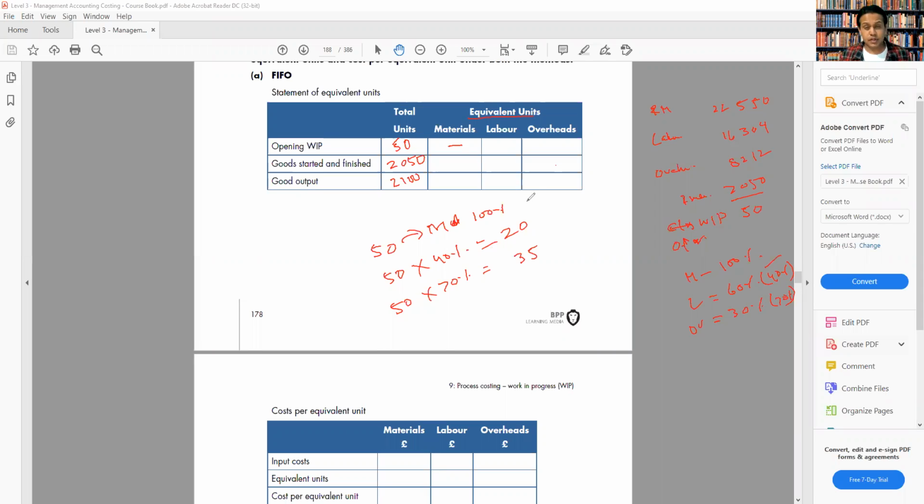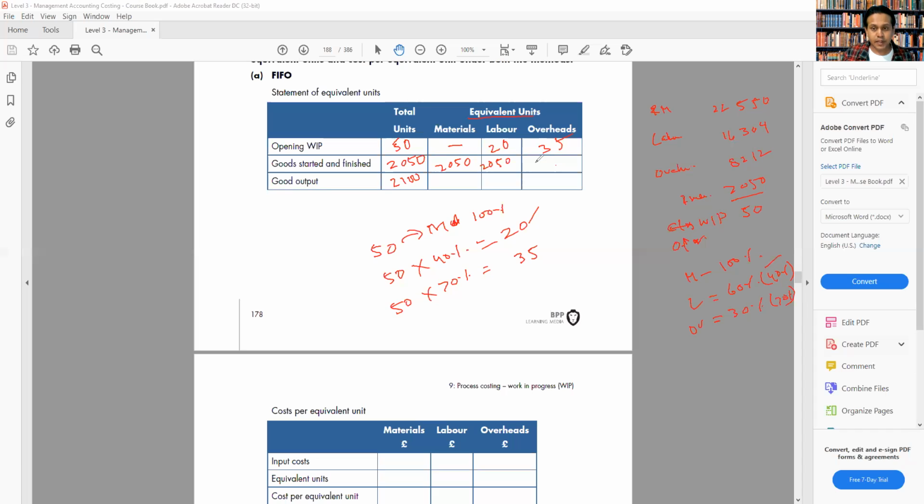So this is the opposite of the closing WIP. So 20 we have for the labor, and for the overhead we have 35. So it's like what work is still left to complete the unit. This one is for material, good started and finished 2050.